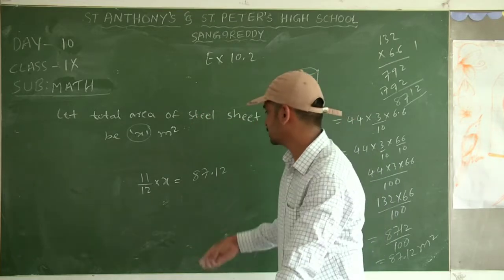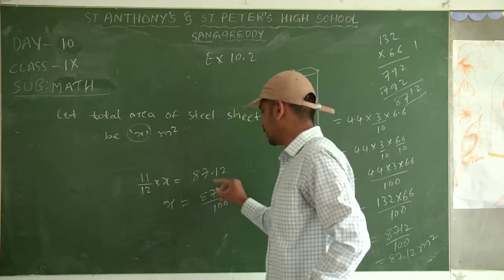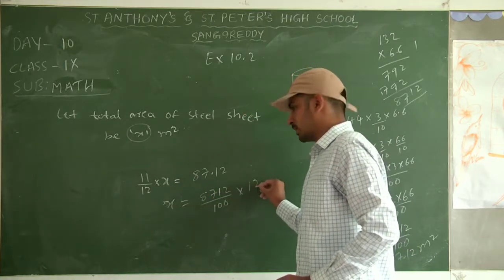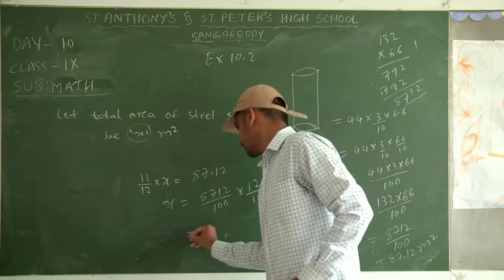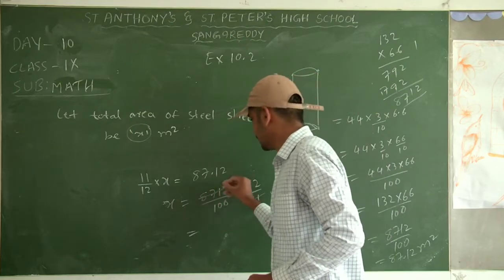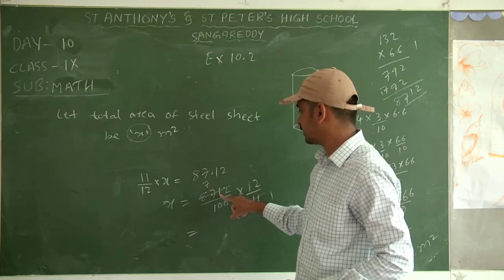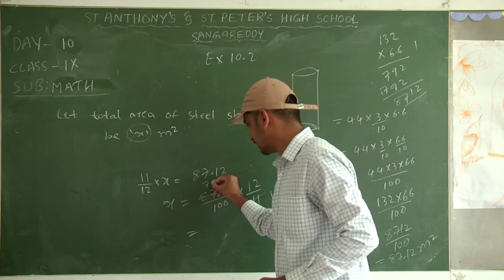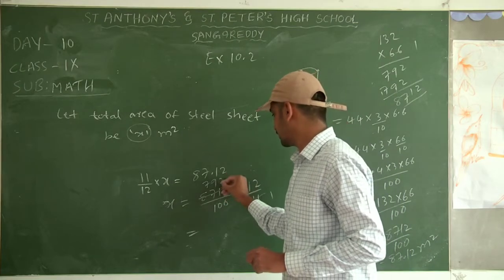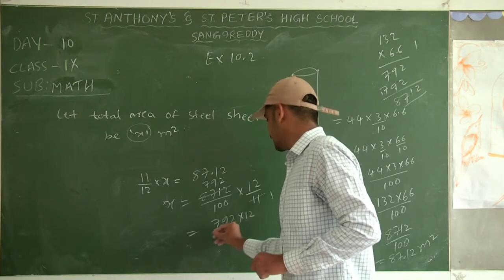So x equals 8712 by 100 into 12 by 11. I want to cancel with the 11 table: 11 ones are 11, 11 sevens are 77, so 792 into 12 by 100.